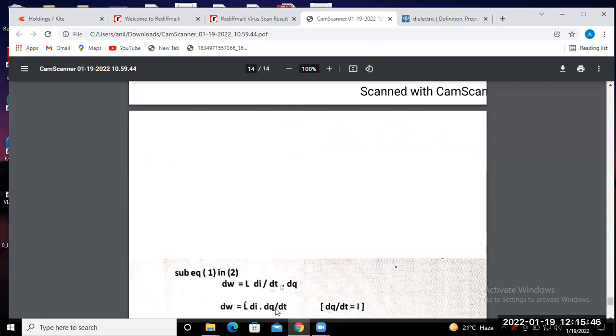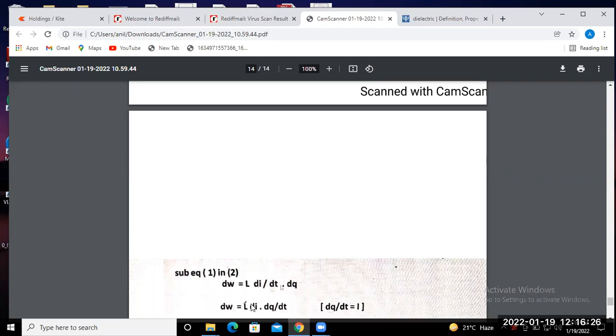Current is nothing but the rate of change of the charge, so dq by dt we can replace by I. So the small work done dw equals L into dq by dt, which is I, into di. So I into di.